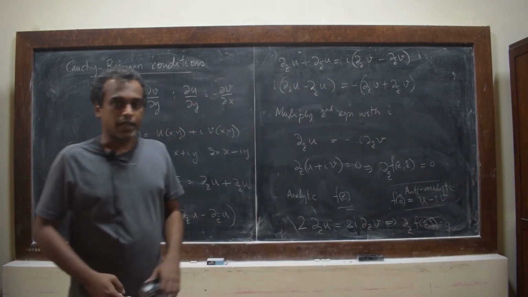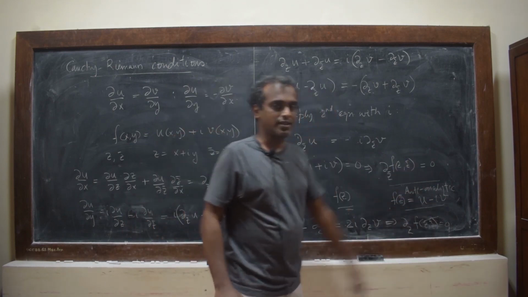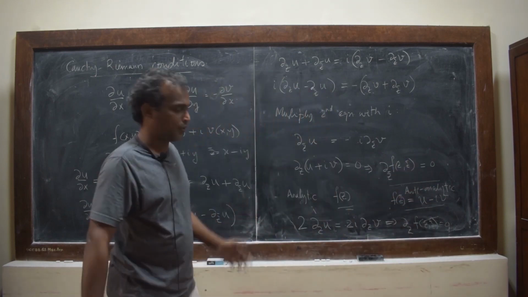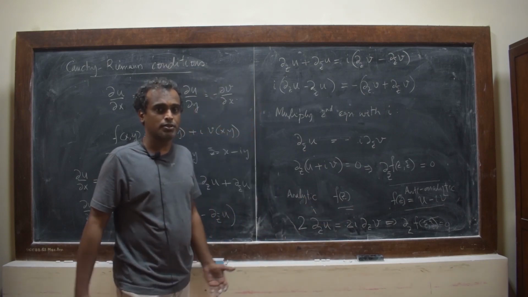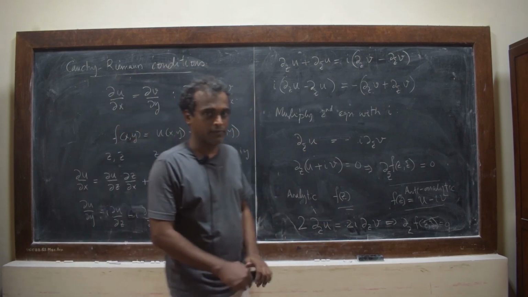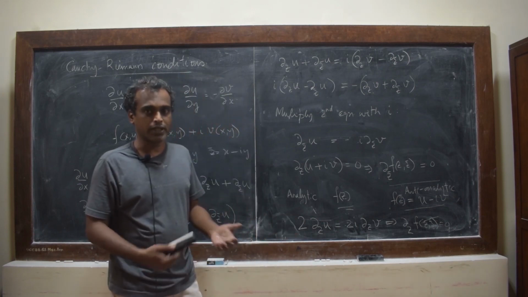Whatever we are going to say for analytic function holds equally well for anti-analytic cases as well, but it is good enough for us to stick to just one of them as a matter of convenience to understand the properties of analytic functions. So, this is what we will do from the next lecture onwards.